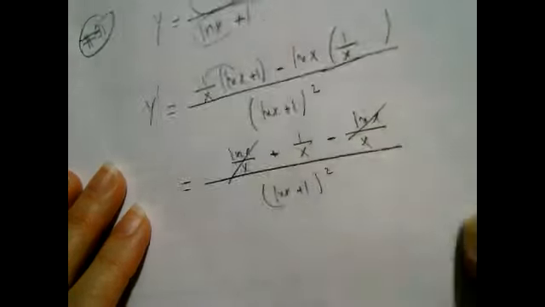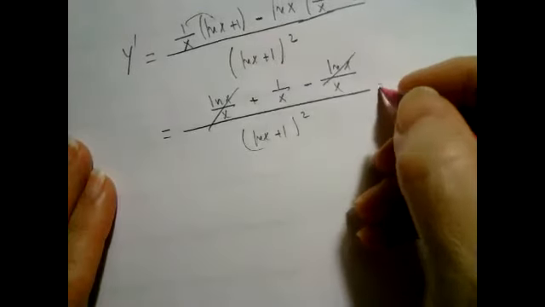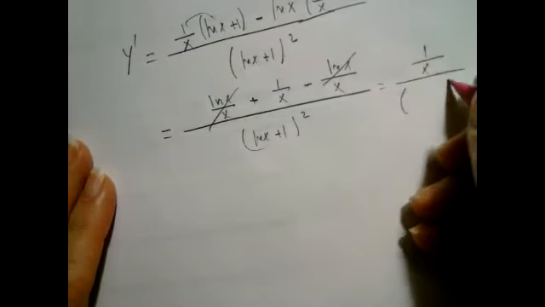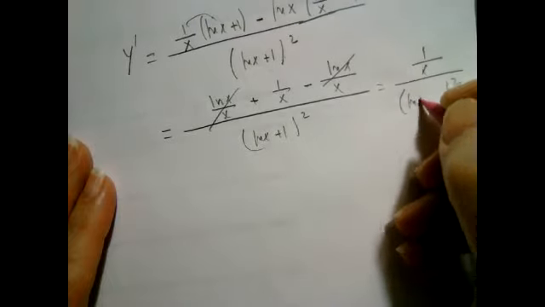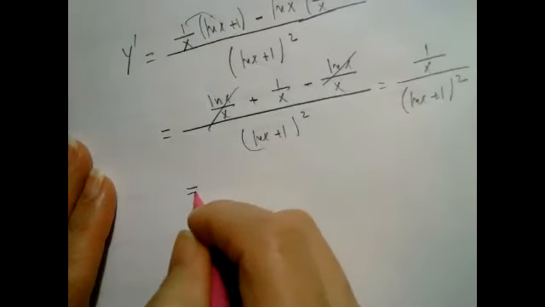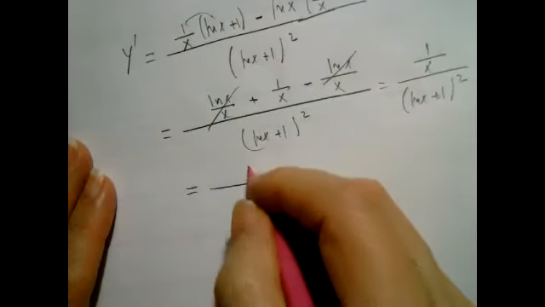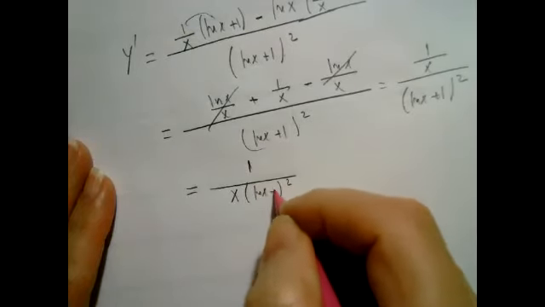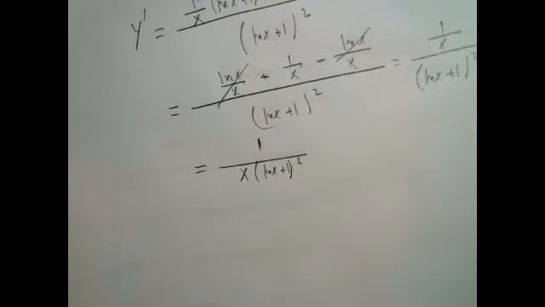Those and those cancel each other out, and this leaves me with 1 over x over the square, which, using the property of fractions, is 1 over x times (ln of x plus 1) squared.